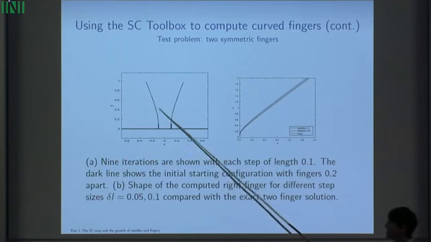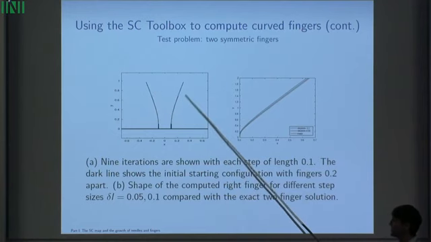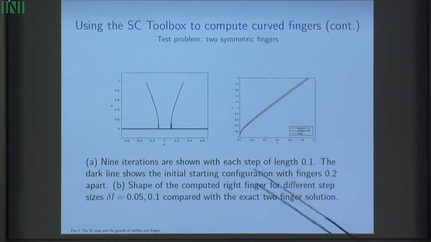These different colors represent different segments, different iterations in the process. And here's the comparison. There's the exact solution, and eventually we get convergence towards it as we chop it up into ever finer straight line segments. So it appears that this is a reasonably effective way for studying fingers.